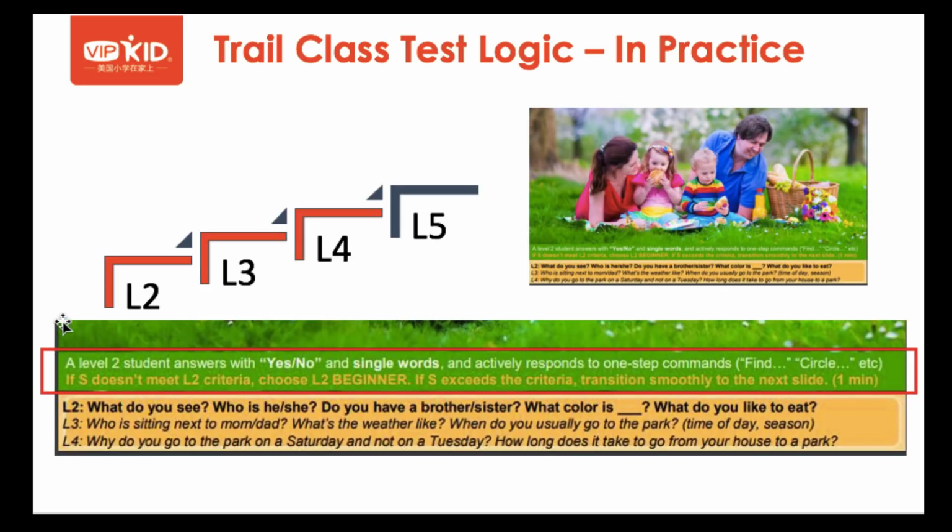That's very similar to what we just had on the last slide, but it's this part that is new. The biggest change is the yellow sentence here. So if the student doesn't meet the L2 criteria, then you would choose L2 beginner and go on with that set of slides. If they exceed the criteria, which is these sentences here, then you're going to transition to the next slide, and this should take approximately 1 minute.